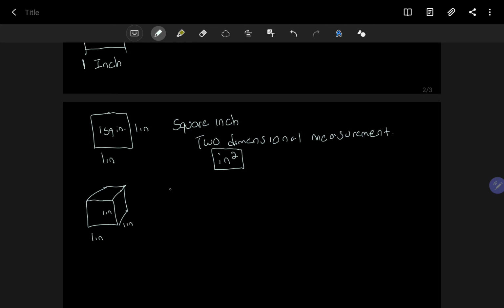So this is my cubic inch. And we're looking at the three-dimensional measurement. And this is denoted by an actual power of 3.